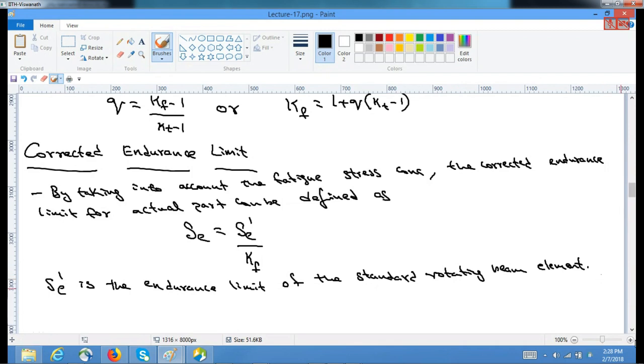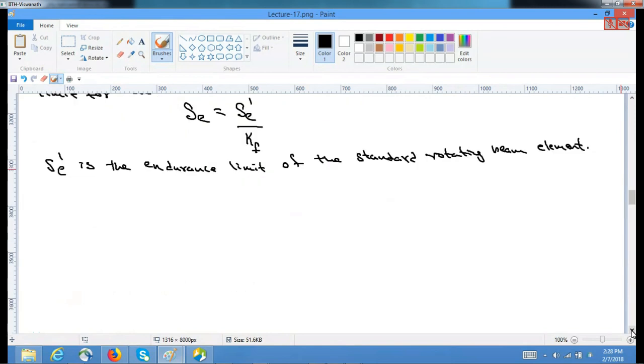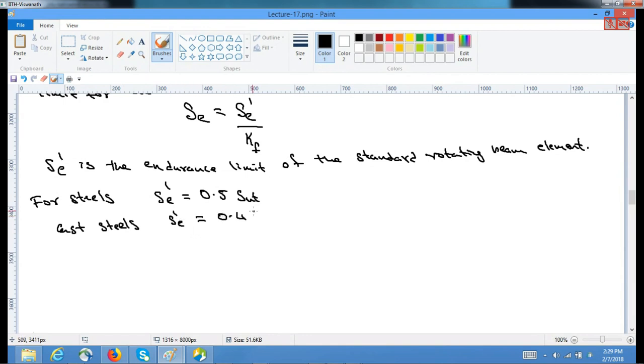In general, for steels, Se dash is equal to 0.5 times Sut, and for cast steels, Se dash is 0.4 times Sut.